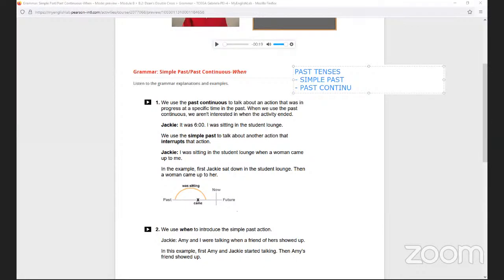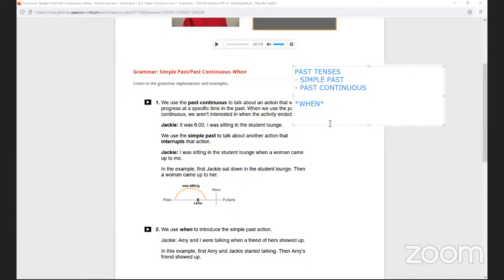So in this case, we have to join these two sentences, these two statements, but we have to use one connector. In this case, as the platform says, we're gonna use when, okay? So this is gonna be our main connector here.